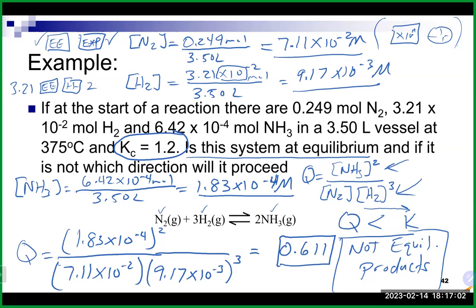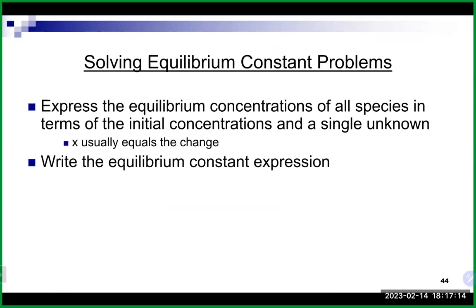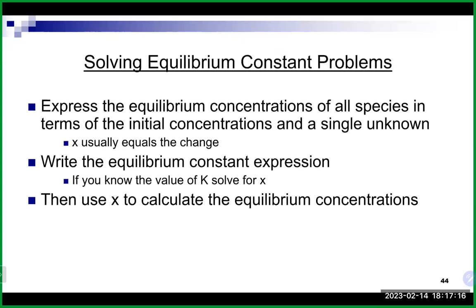So that does require a certain type of calculation, which is essentially the main calculation that we do throughout the semester. We just sort of adjust it a little bit here and there along the way. So when we solve problems that involve initial concentrations and we're looking to get everybody's equilibrium concentrations, we use what is usually referred to as an ICE table to do that.